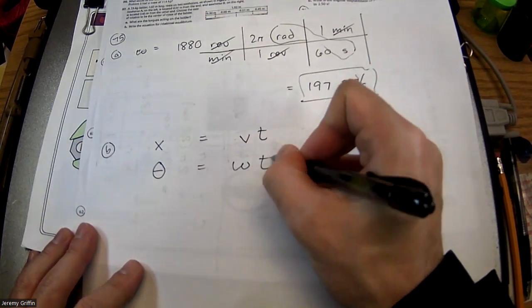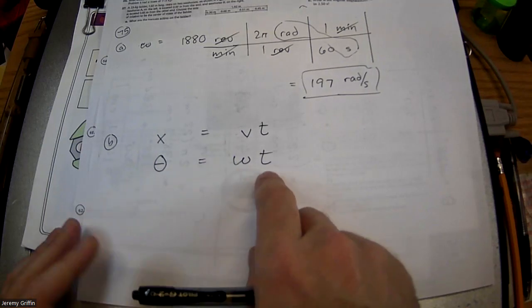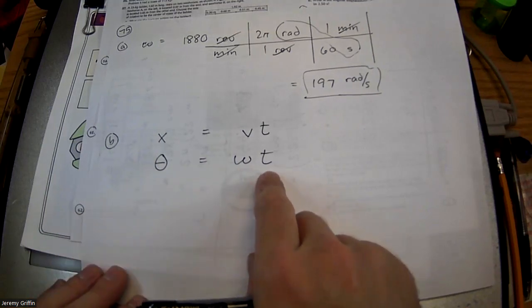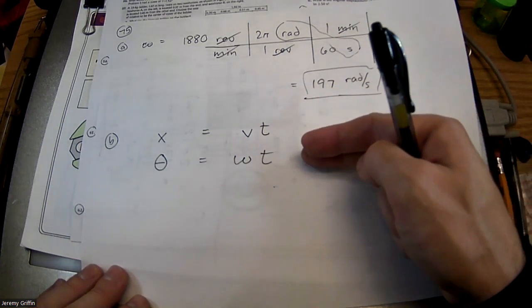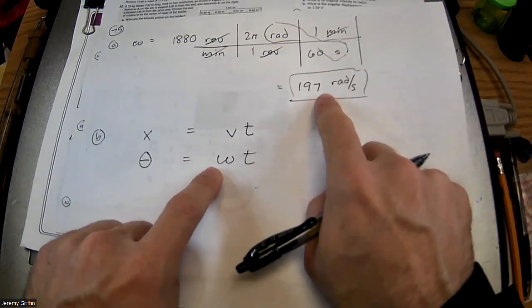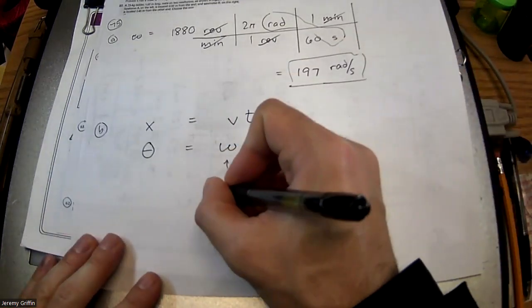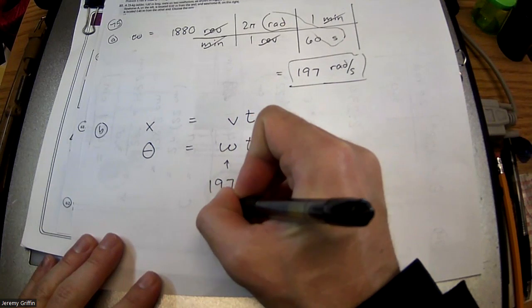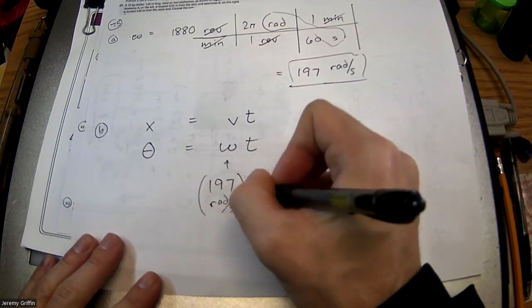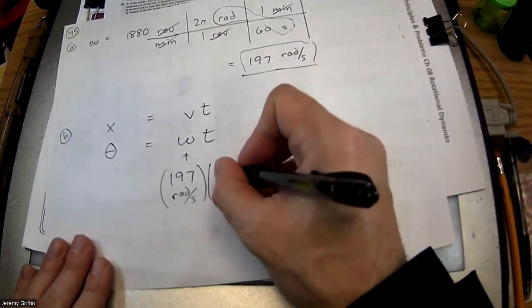Just like that. How far it's turned is equal to how fast it's rotating times how much time. Same idea, just this is linear, this is rotational. You know how fast it's rotating, 197 radians per second. They said for 2.5 seconds.